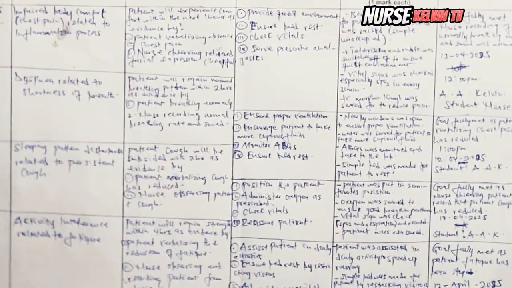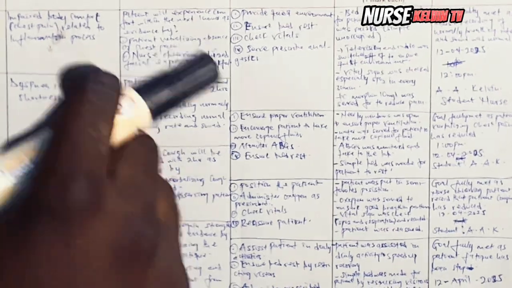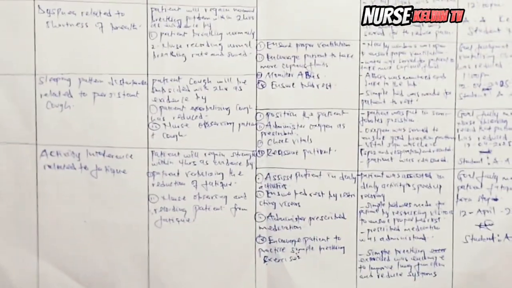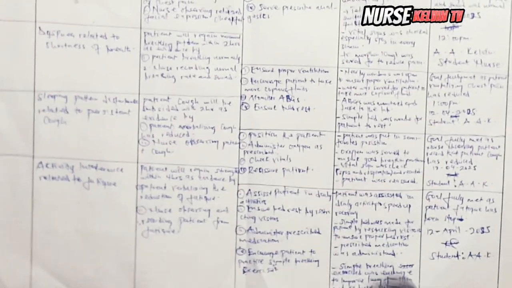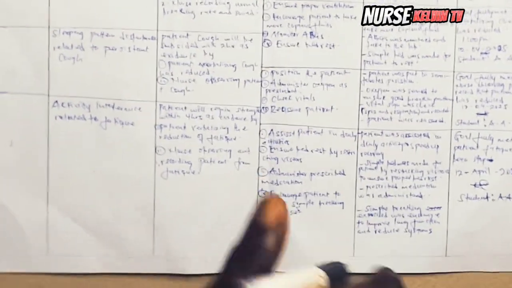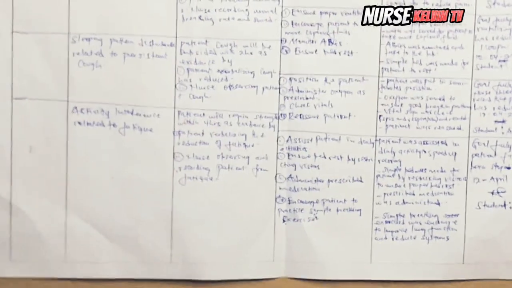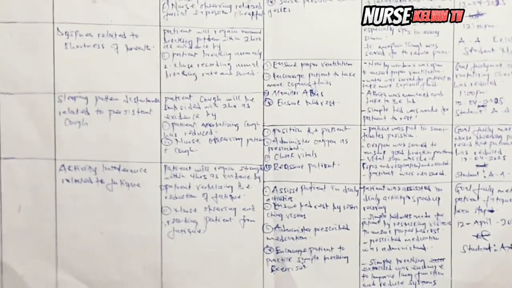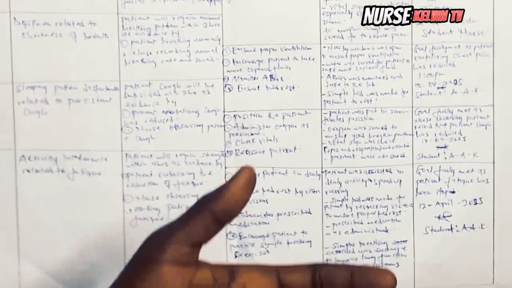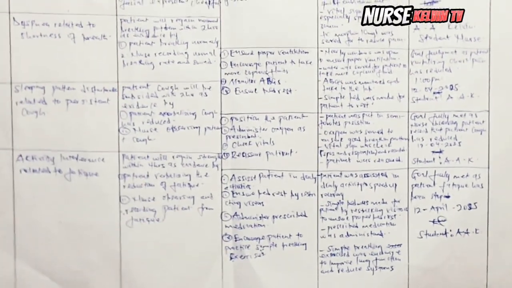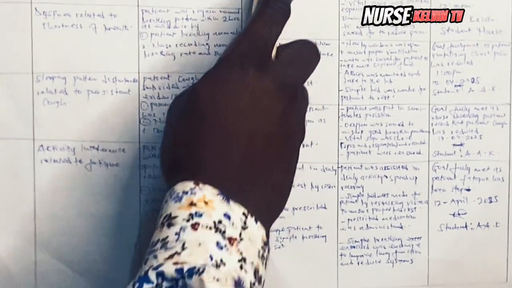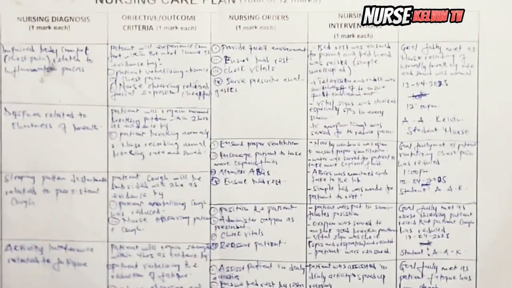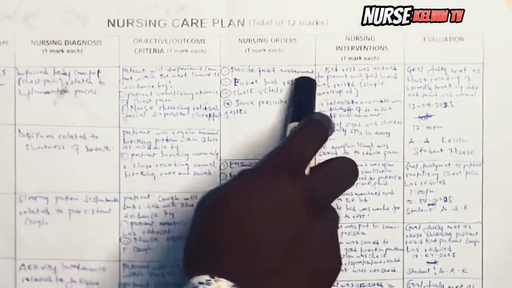And the television and radio were switched off to ensure a quiet environment. So how do you provide a quiet environment? By turning off the TV and the radio. You need to make sure the interventions correspond.